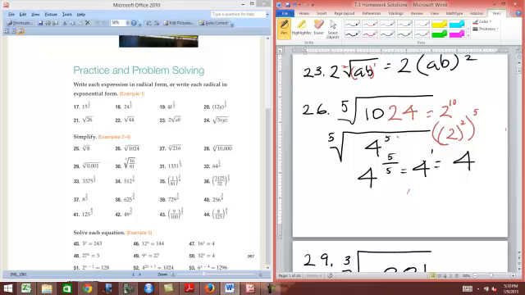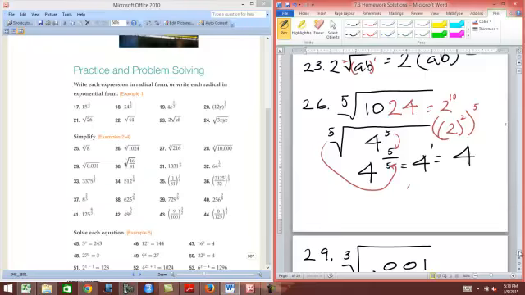So we've got the 5th root of 4 to the 5th. This is the denominator, this is the numerator. This goes to the numerator, and this goes to the denominator, which is 4 to the 5 over 5, which is 4 to the 1st, which is 4.